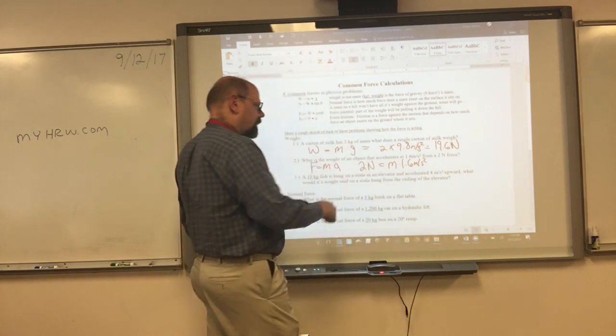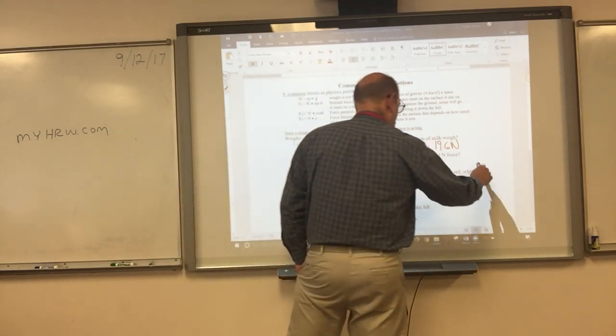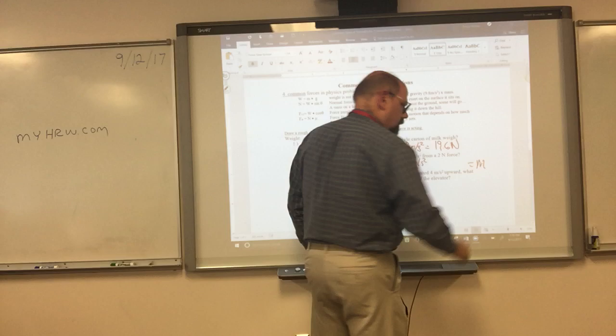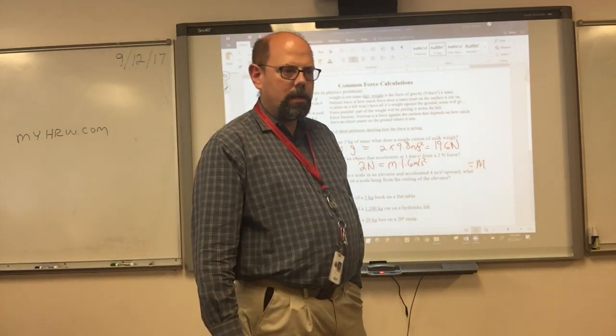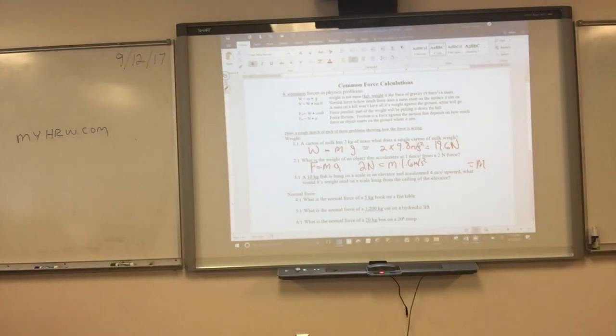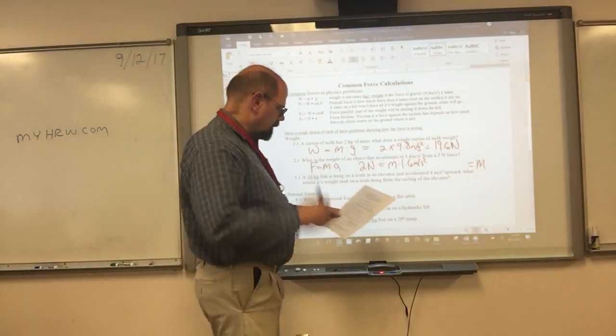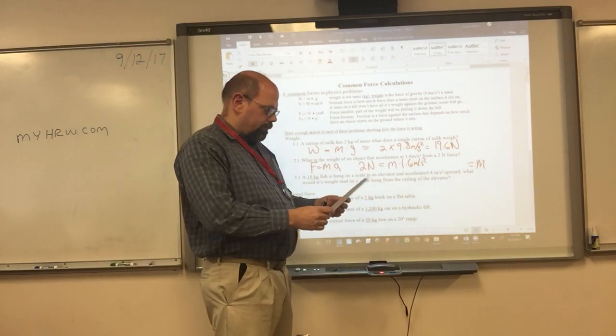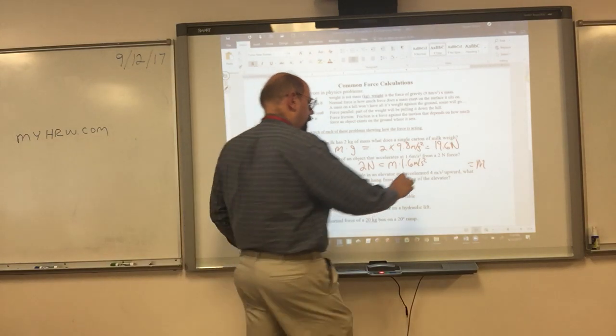Okay, and divide both sides by 1.6. I'm going to get mass is equal to, and I just have to look real quick, my answers are over here. The mass on this one ends up being 1.25 kilograms.